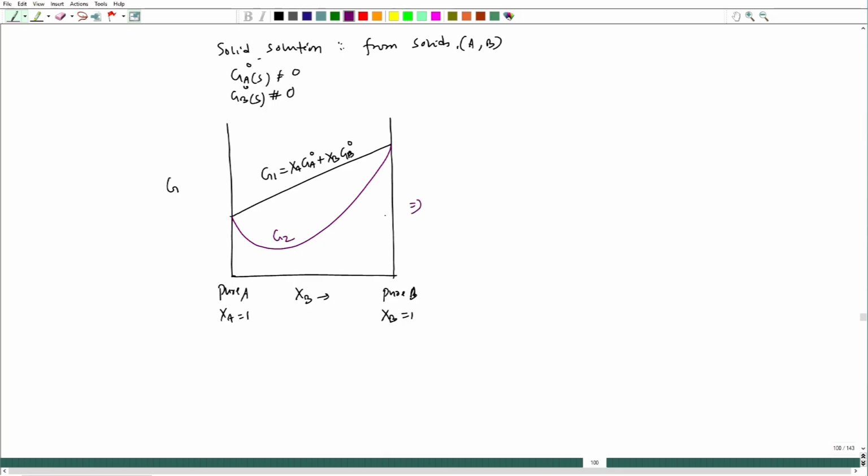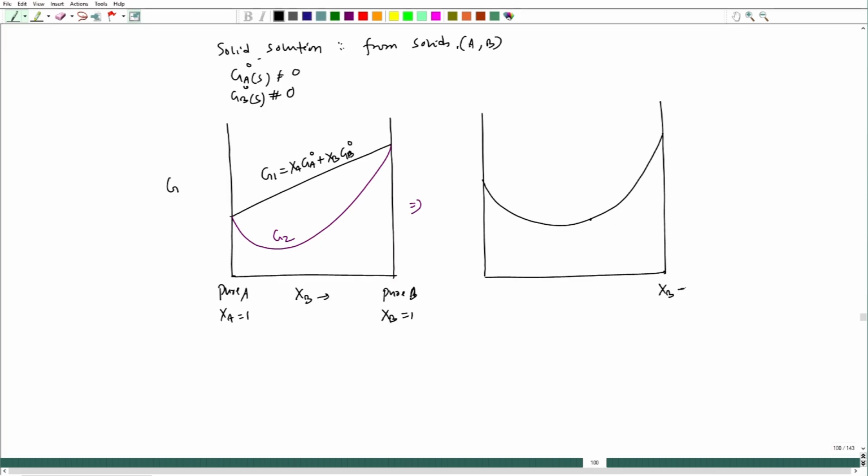So, let me plot G 2 separately without giving a reference to G 1. So, I can take this plot here. Let me draw a tangent at this point.